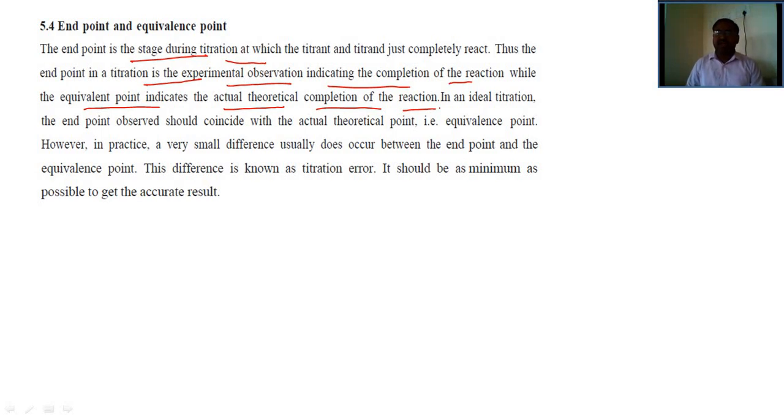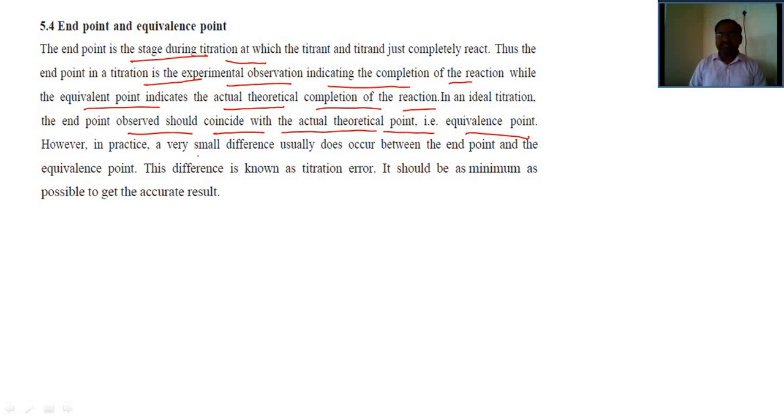In an ideal titration, the end point observed should coincide with the theoretical point, that is the equivalence point. The terms of these titrations are very important: equivalence point, titrand, analyte. These are all very important terms during this titration experiment.